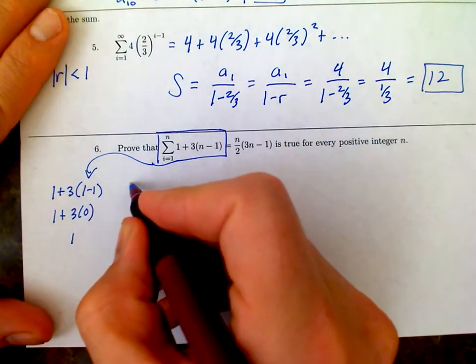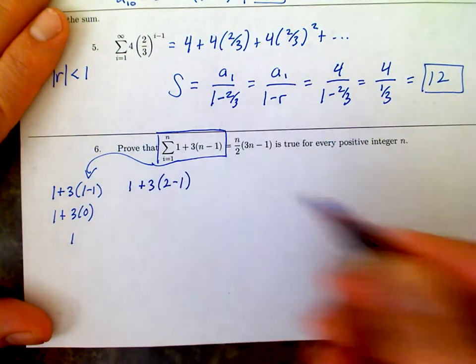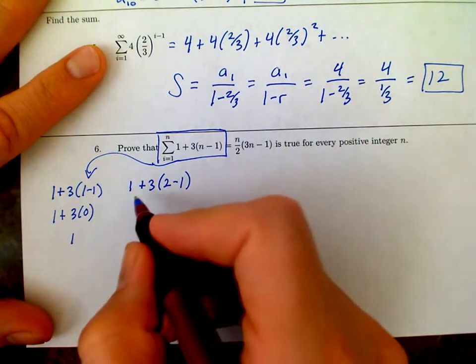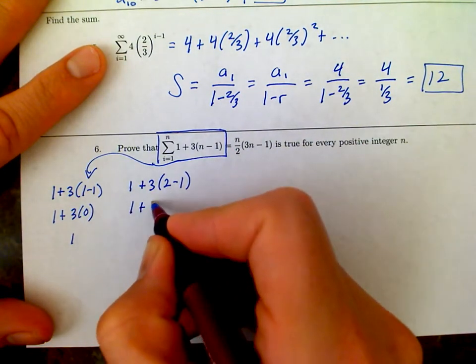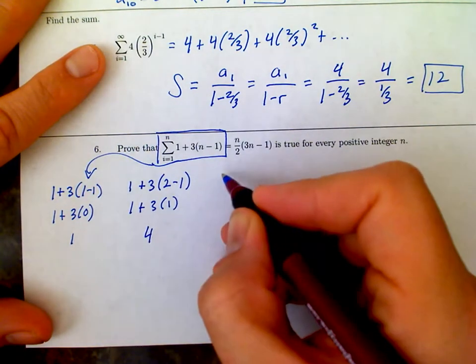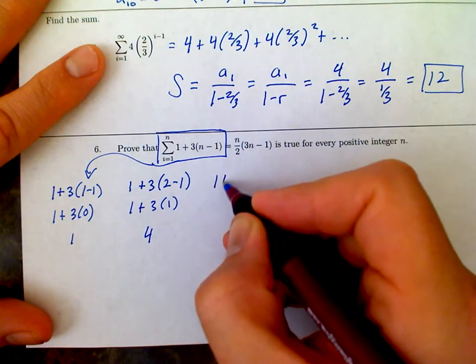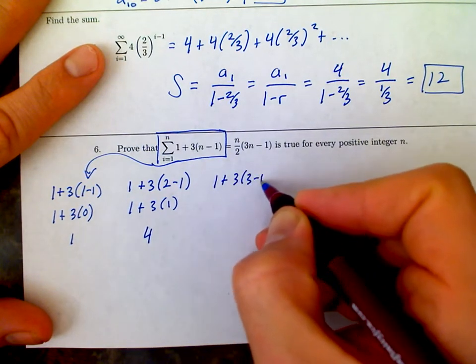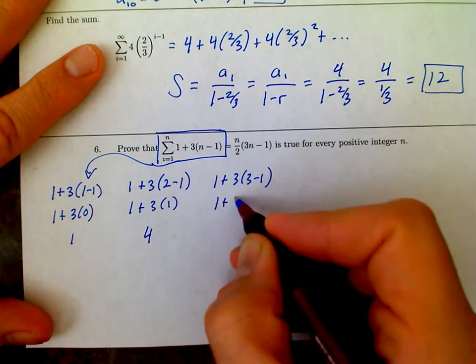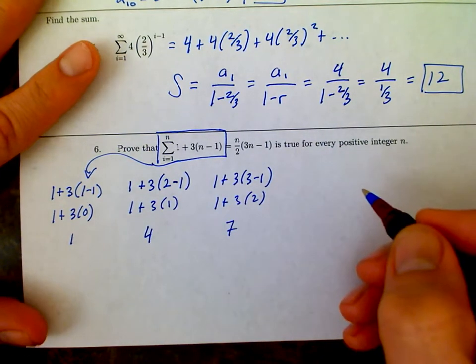When n equals 2, that's 1 plus 3 times 2 minus 1, which is 1 plus 3 times 1, which is 4. Then n equals 3, you've got 1 plus 3 times 3 minus 1. 1 plus 3 times 2, which is 7.